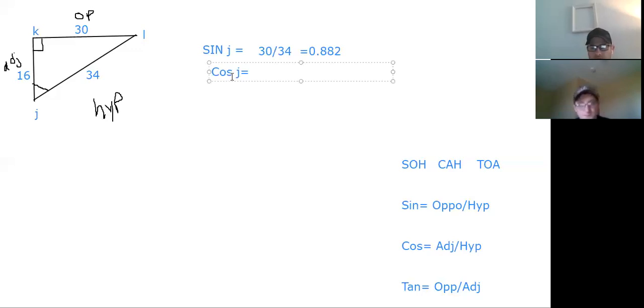For cosine, yes. And then divide that. 0.47. Okay. That's it.